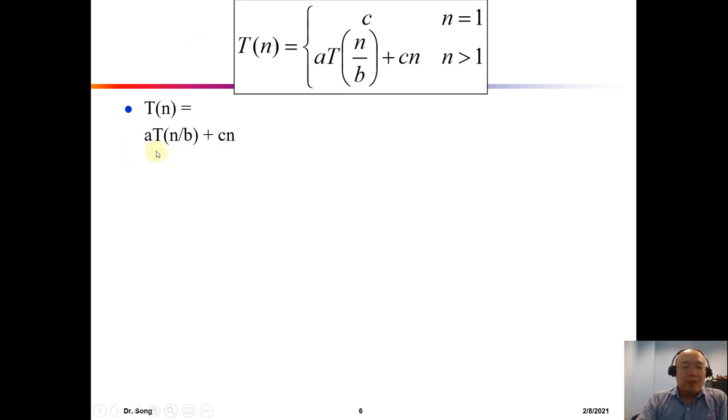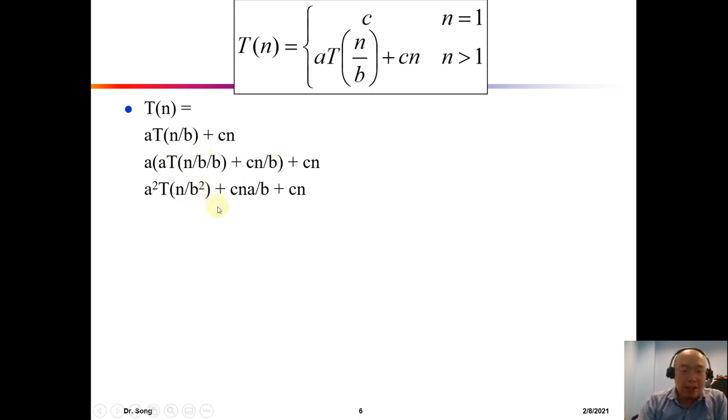So we start from here, and for T(n/b), what is that? I substitute n with n/b, so I have this part. Then I massage that a little bit, so I have a squared T(n/b squared). This part has an n, and this part has an n too.